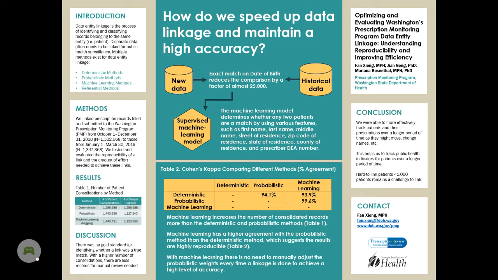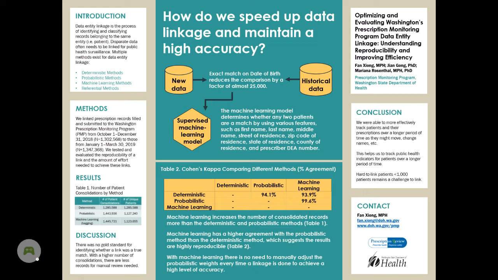We get data every quarter, but the indicators that we're looking at for public health are tracked over the course of a year and multiple years. So we have to be able to link patients together over a long period of time in order to make sure we have a complete history of their prescriptions.